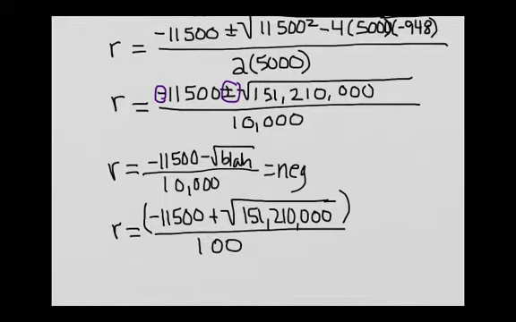And when I stick this in on my calculator, negative 11,500 plus the square root of 151,210,000. So I'm using a set of parentheses to close the square root and another one around the numerator, and then that's going to be divided by 10,000.